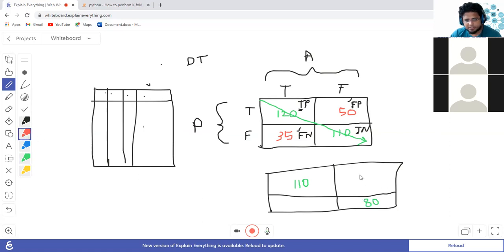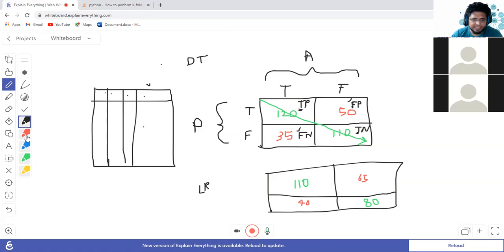This was 65 and this was 40. So tell me, which model is better, decision tree or logistic regression? Decision tree. Yeah, because our good boxes have higher values and bad boxes have lower values in the decision tree in comparison to that.